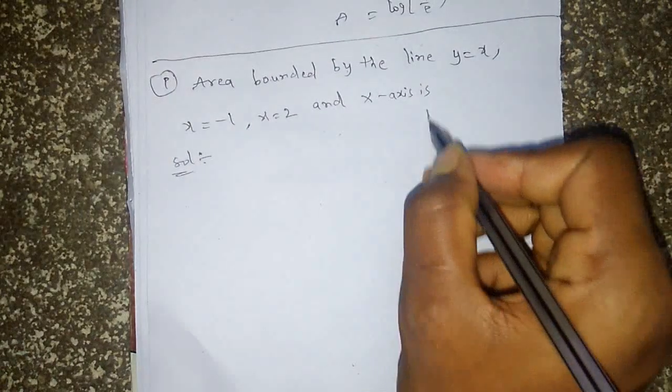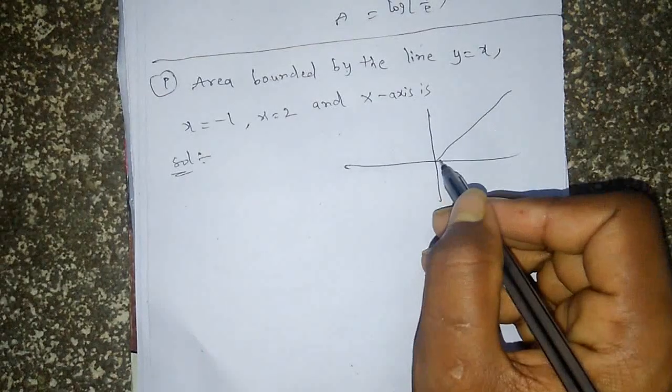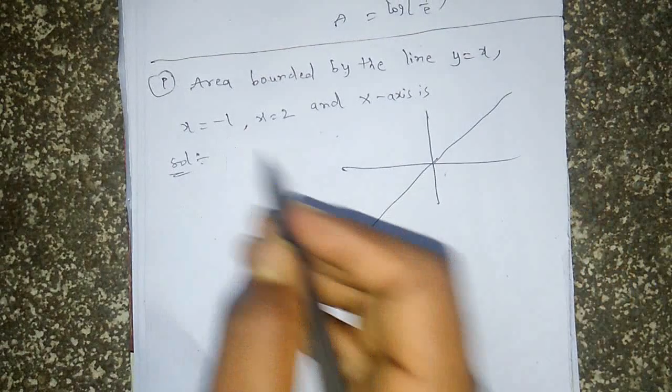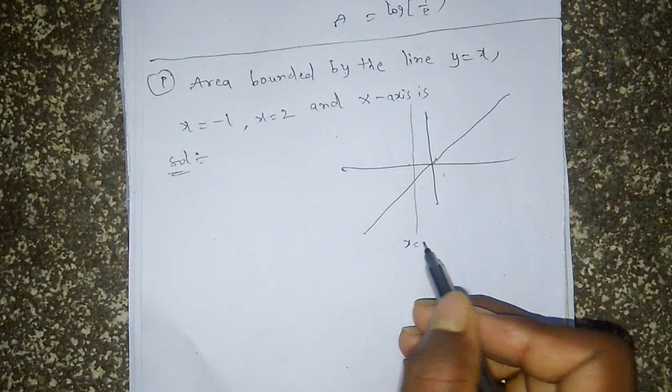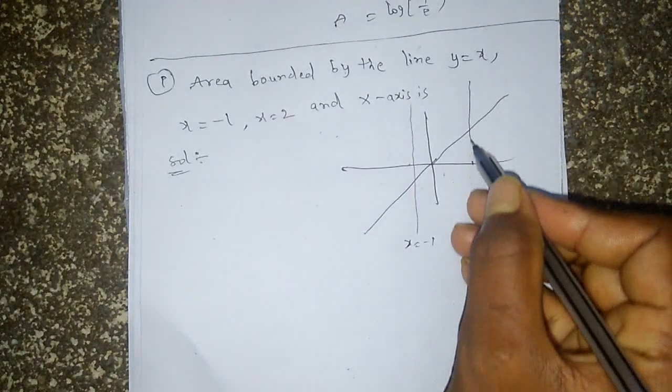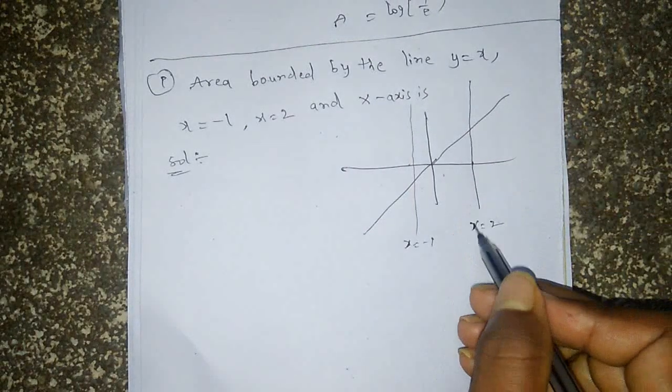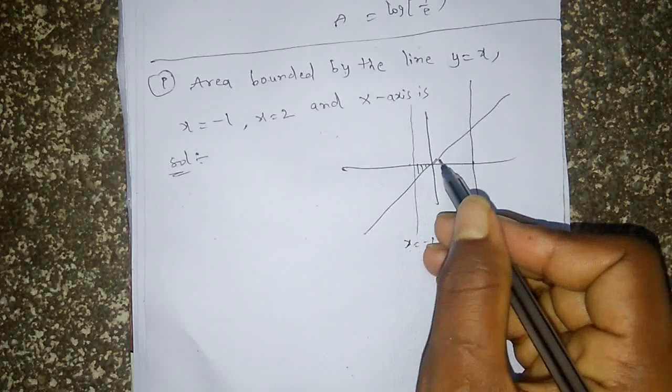Here y is equal to x line will be like this. We need the area between x is equal to minus 1, which is here, and x is equal to 2, which is here. We need this area.